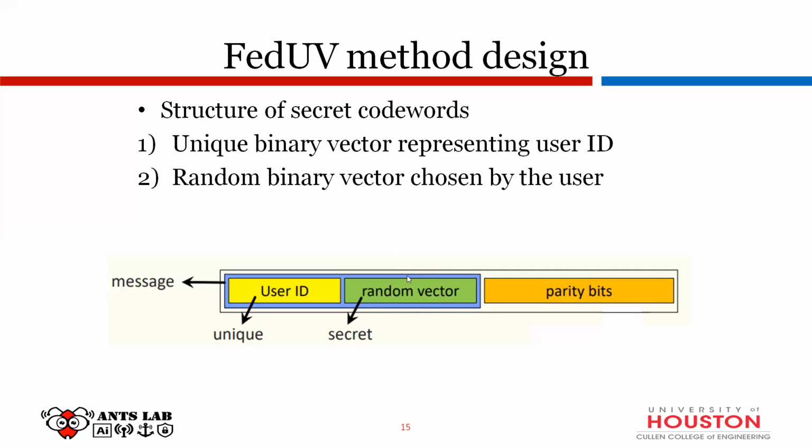Yes, exactly. But how can that represent the embedding features? Say you try to convert your data, or you try to convert your embedding vector into this random vector. What's the purpose of the message here?